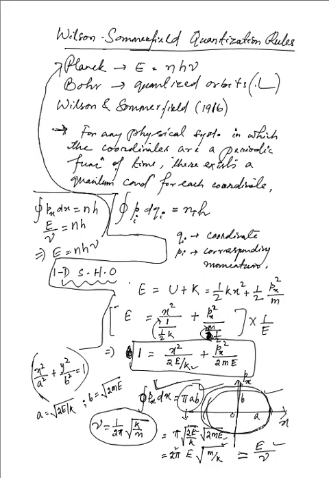So from this, let me take it to the next page for you. We can have a diagram for the allowed energy states of this oscillator from this quantization rule that we obtain and the ellipsoidal area that we obtained. So we have this elliptical area, and it has an origin. It has the y-axis to be the momentum and the x-axis to be the coordinate axis.